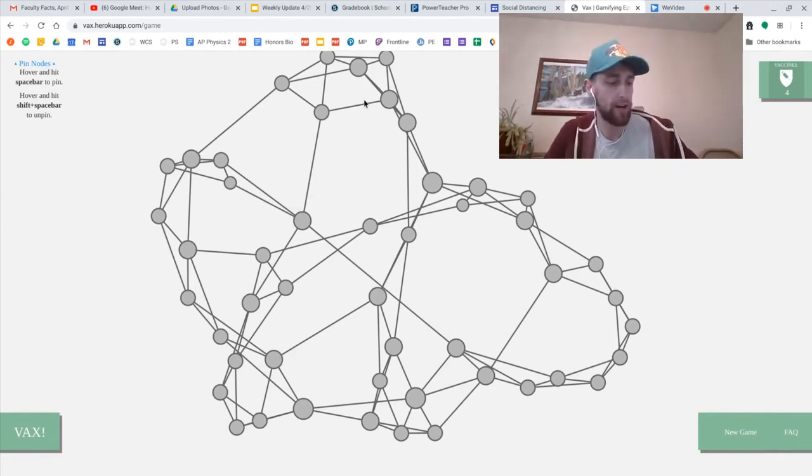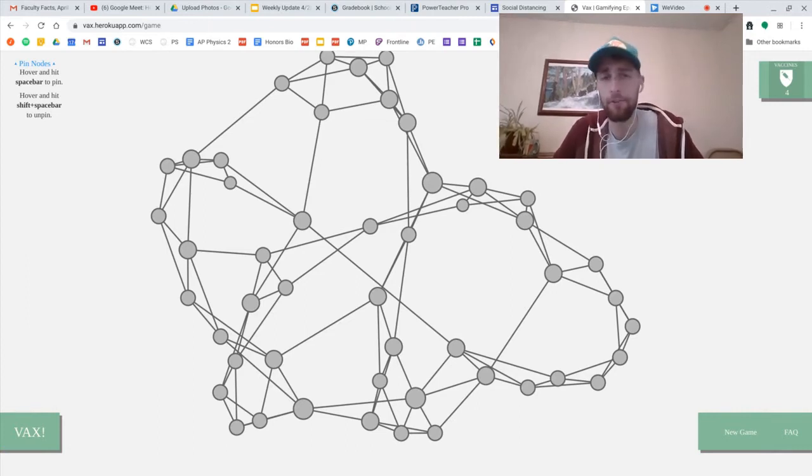So part of the strategy, and I'll let you figure that out, is choosing which people to give vaccines to. So you only have a limited number. It's different for the different difficulties, but you only have a limited number that you can use before the disease is actually going to start. So something that might help you make a decision is the size of the circles.